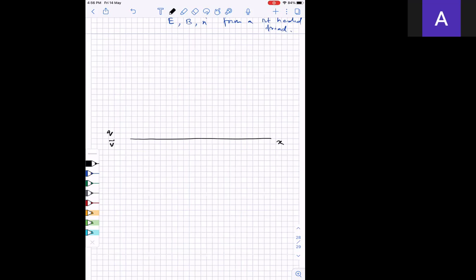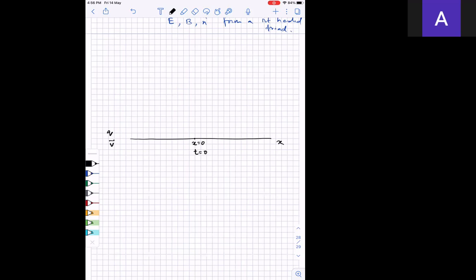So this charge moves at a constant velocity, and let's say at t equal to 0 it is at x equal to 0. And over here, it suddenly stops. So there's a break in the velocity. It suddenly stops at x equal to 0.